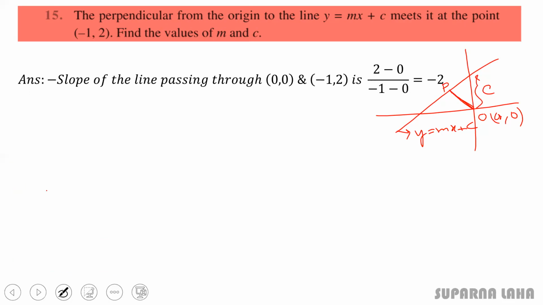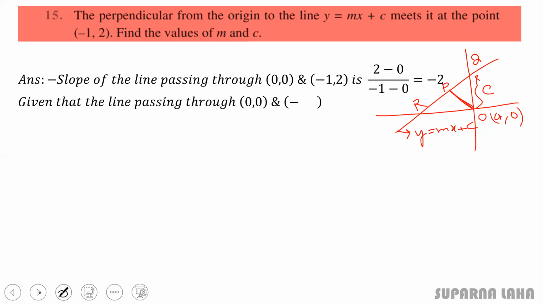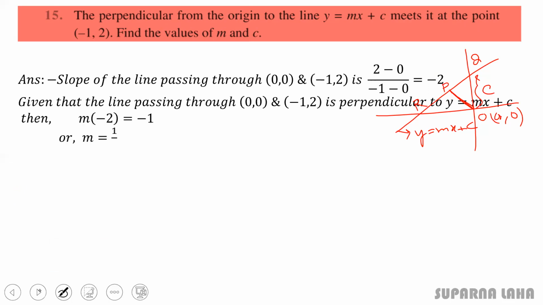Since this line OP is perpendicular to the line RQ, the multiplication of the slopes is minus 1. So you can easily write down the slope of the line y equals mx plus c. So the slope of this line is half. So m is half, we have already established it.